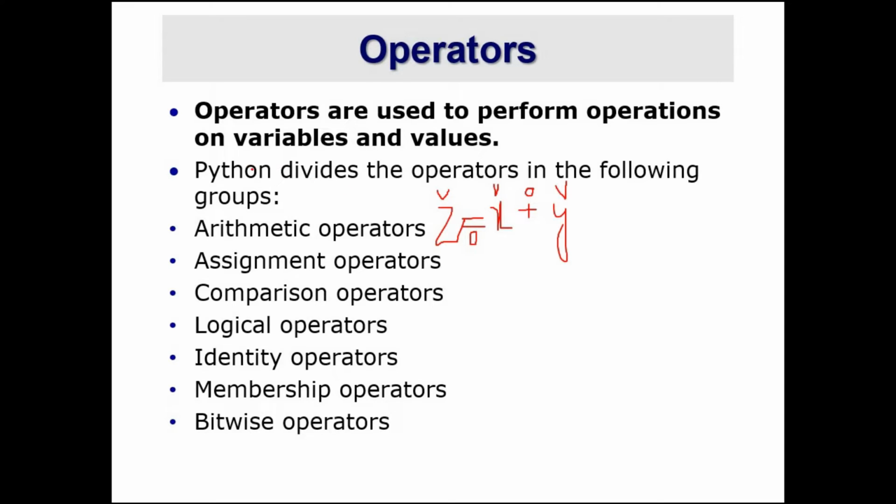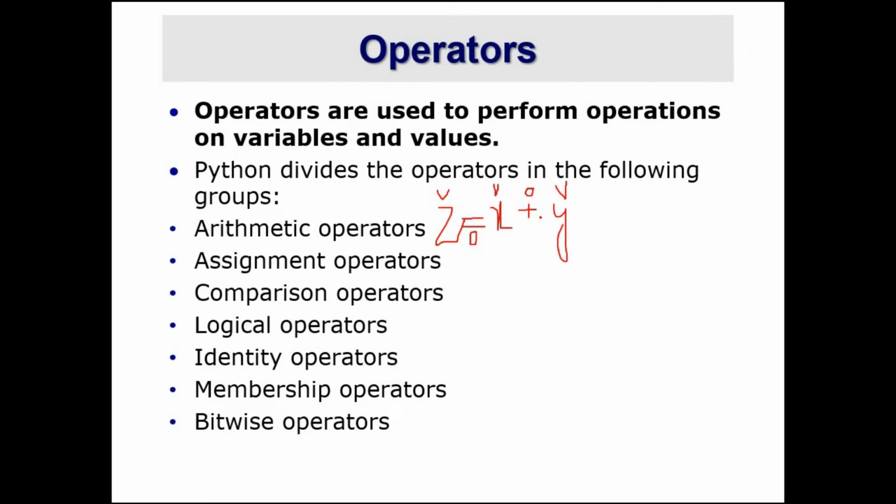There are a few things that we should know about operators. Python divides operators into the following groups. There are different categories of operators. Number one is arithmetic operator. Number two is assignment operator. Arithmetic operators, like plus, minus, multiplication, division, are examples of arithmetic operators. Assignment operators are like equal to, not equal to.